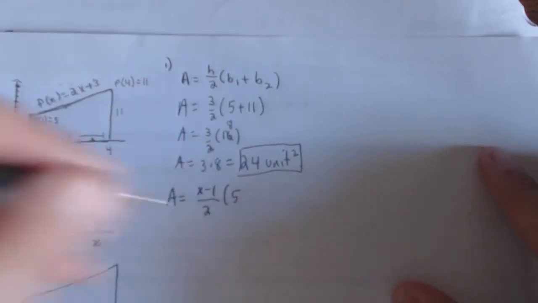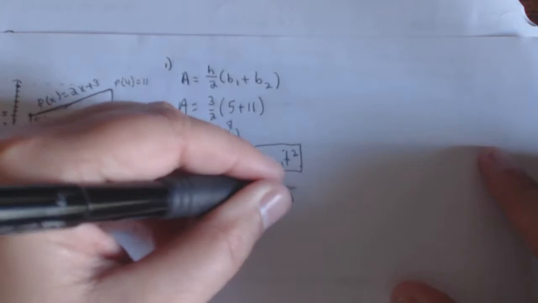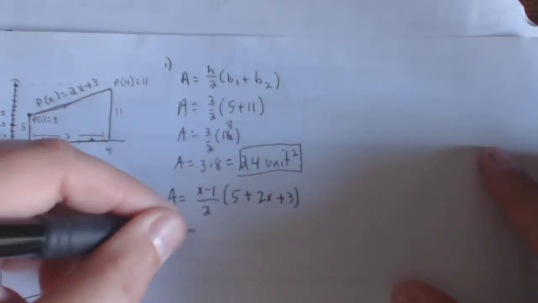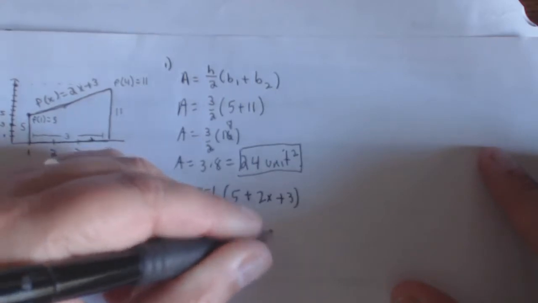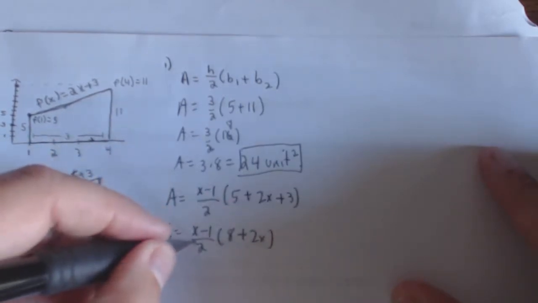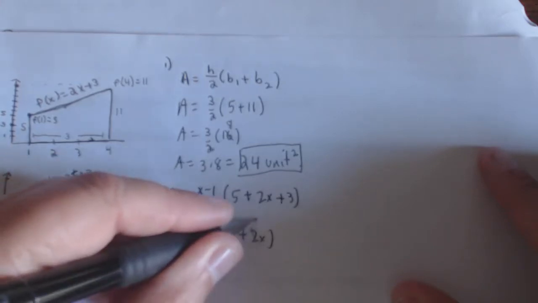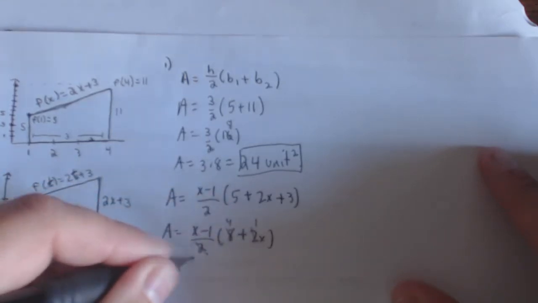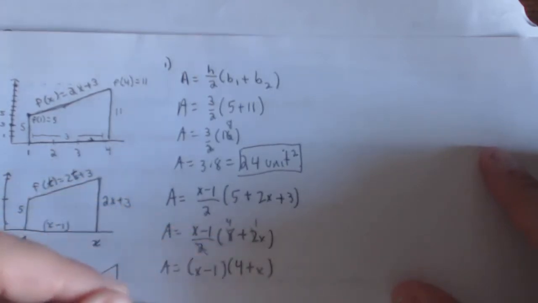times b1, which is 5, plus b2, which is 2x plus 3, gives us A equals x minus 1 over 2 times 8 plus 2x. Cancel out this 2 with both of these, and you get A equals x minus 1 times 4 plus x.